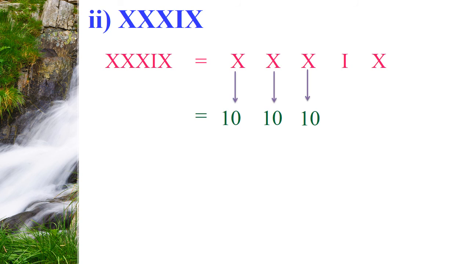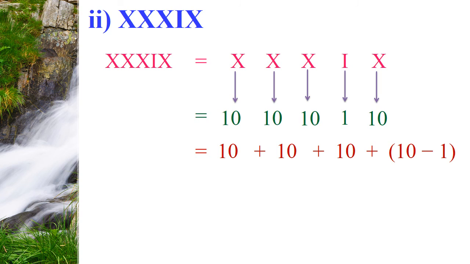Second problem, XXXIX. First split the symbols. So XXXIX. Next one write the values. So here X represent 10, I represent 1, X represent 10. Here X repeated 3 times. So we want to add the numbers. Next one, here 1 after 10, that is smaller number next larger number.